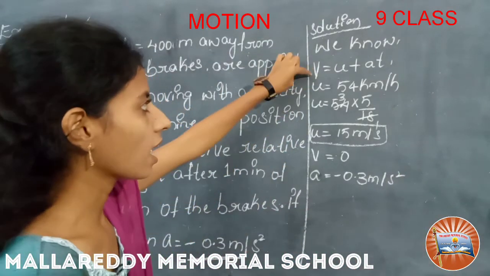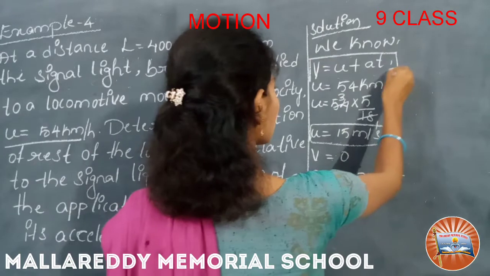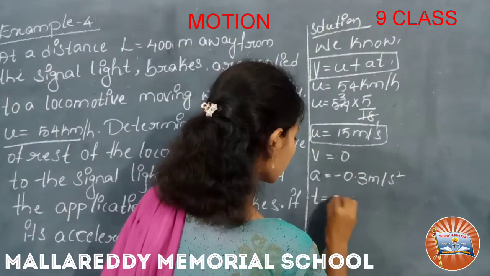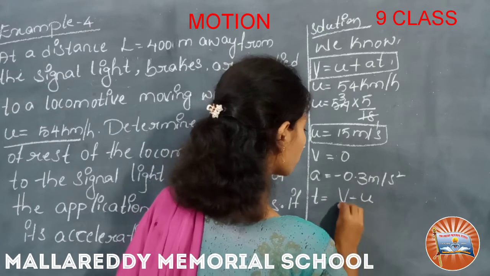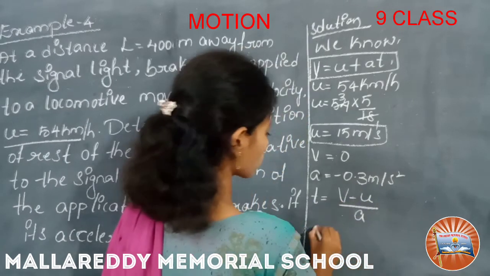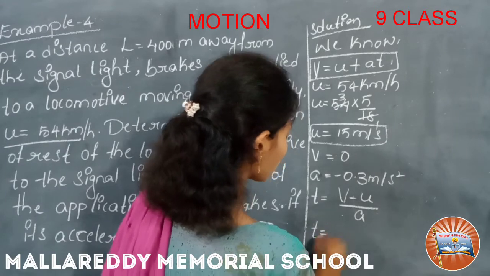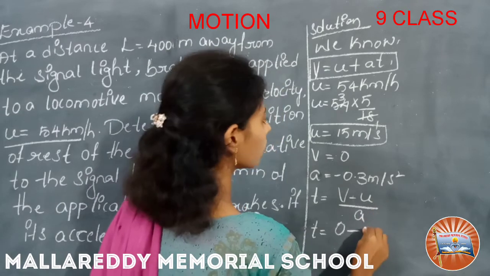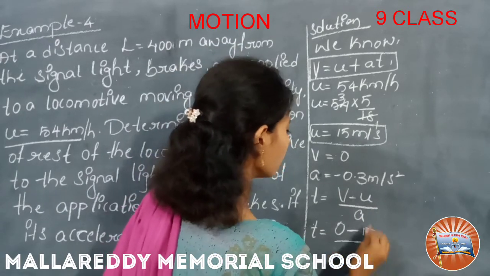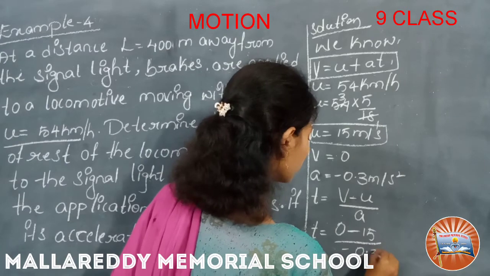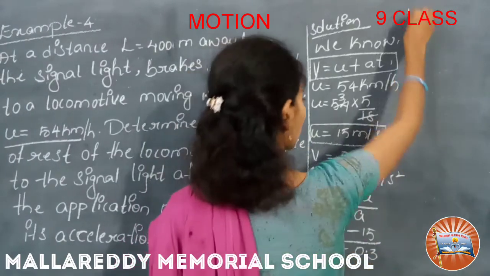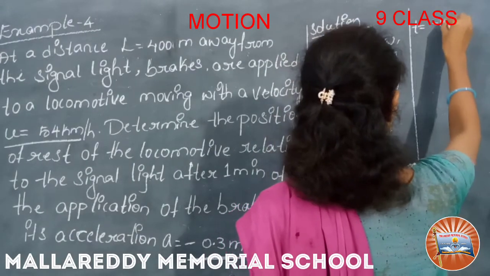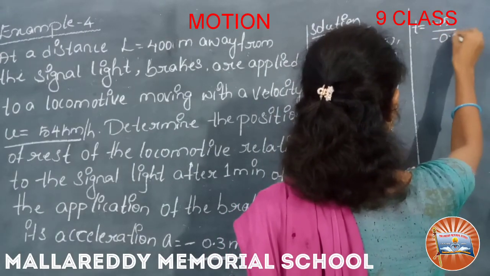So here we have the equation v equals u plus at. I want to convert this into t equals v minus u by a. So here t equals, v is 0, u is 15, a is minus 0.3. So what we will get here? t equals minus 15 by minus 0.3.